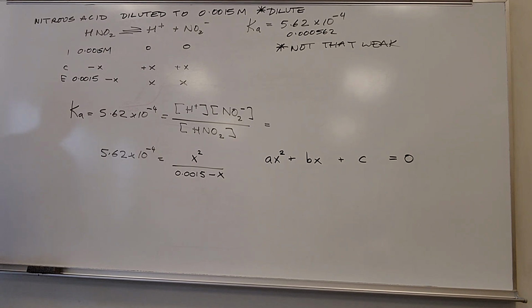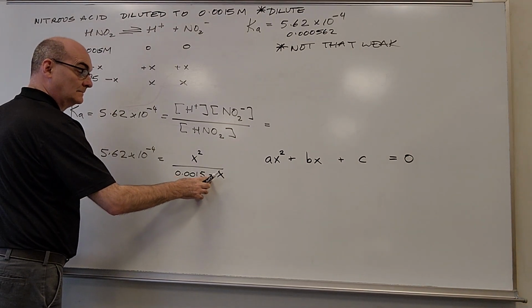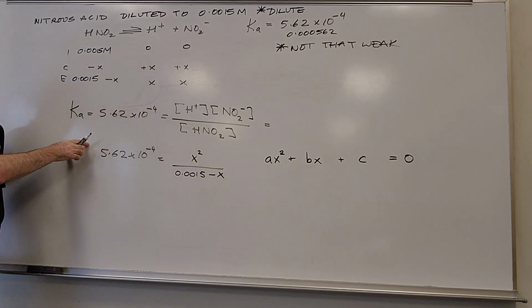You want to get the things out of the denominator first and make it into bx and c and multiply them out.